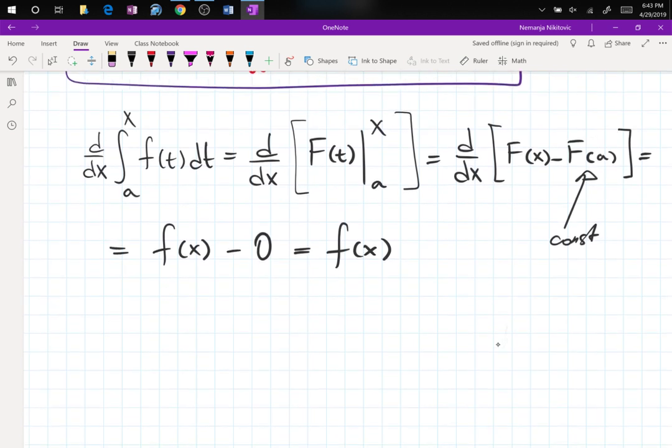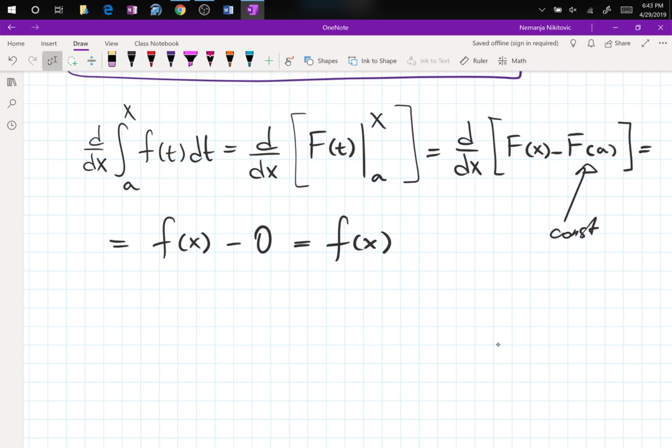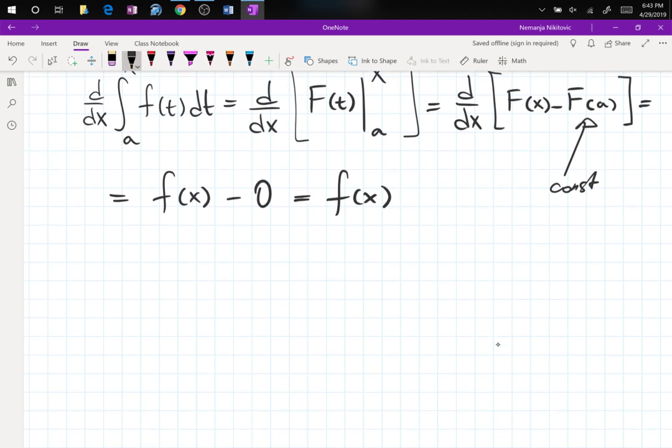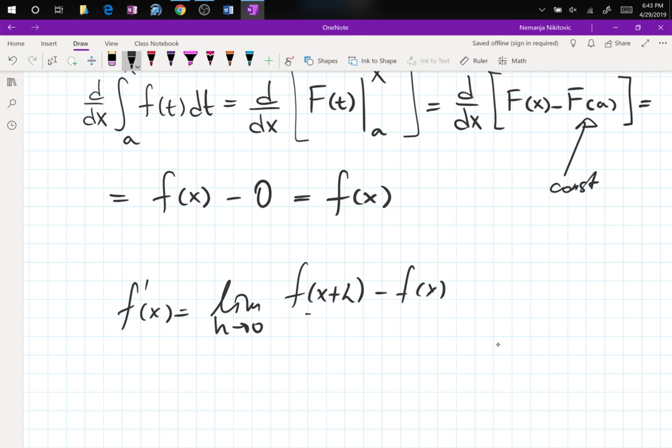And now, I would like to write the two formulas and ask you why. So, f prime of x is defined as the limit as h goes to 0 of f of x plus h minus f of x, divided by h.